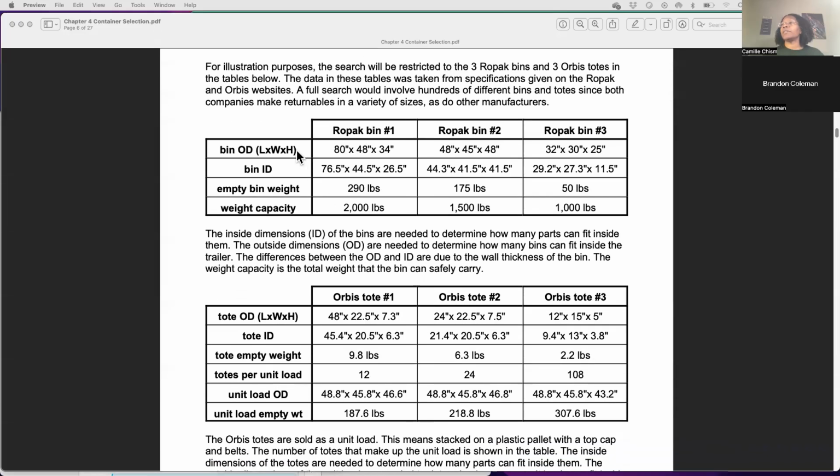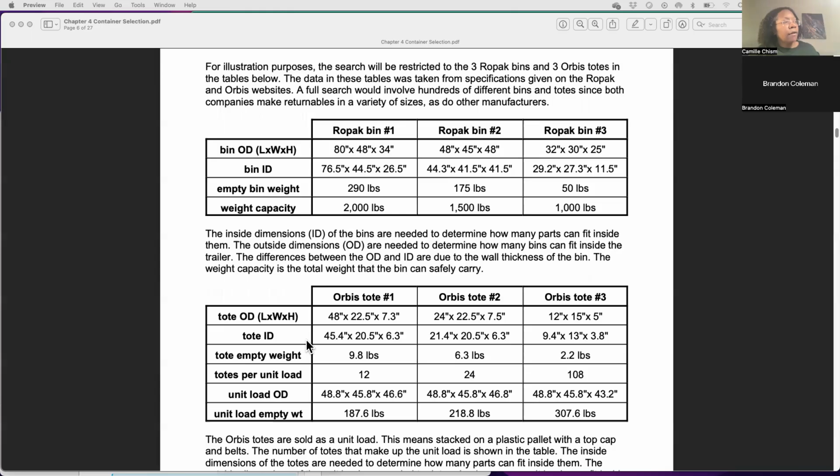You'll notice it mentions the OD, which is outside dimensions, and then it also mentions the inside dimensions, because that's really the room that you have to work with. Where you might have a box with the inside versus outside dimension, that would be like a 1/4 length, 1/4 width, and 1/2 for the height, because you are accommodating for the thickness of the box from outside to outside, and what you have on the inside is what you have to work with.